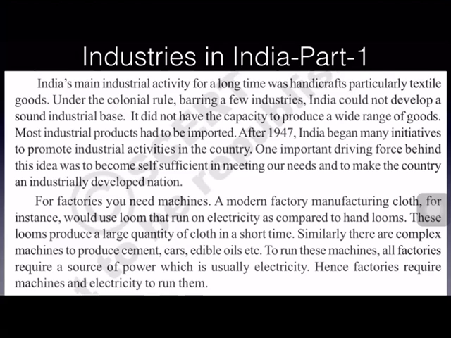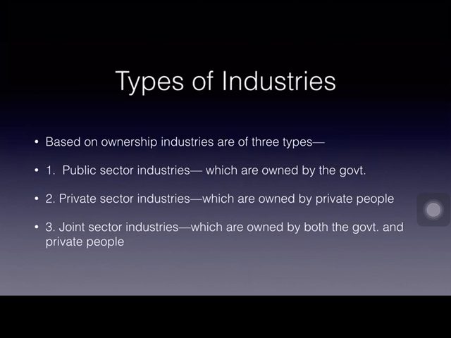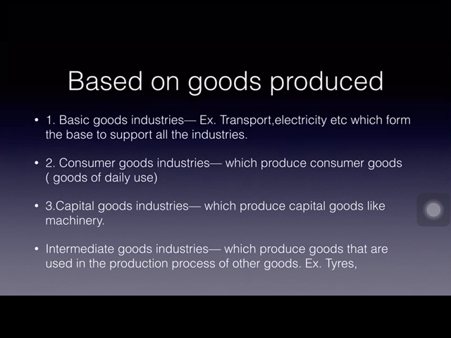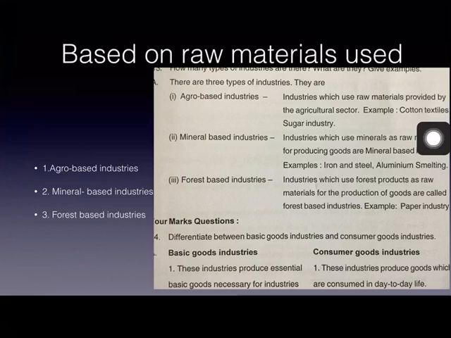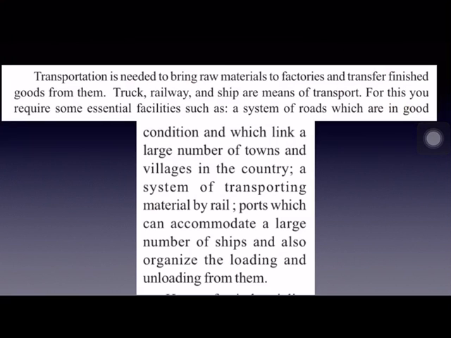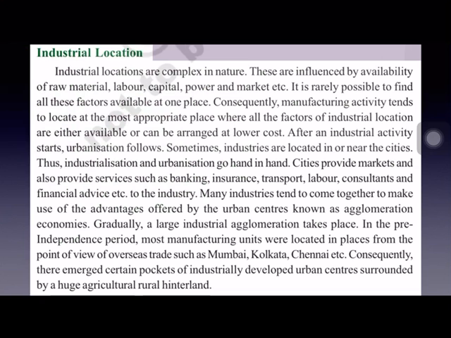We learnt about the industrial activities in India and the different types of industries based on ownership, based on goods produced, based on investment and based on raw materials. We learnt about basic goods industries, where industries are mostly located, and which sites are selected for industrial location.